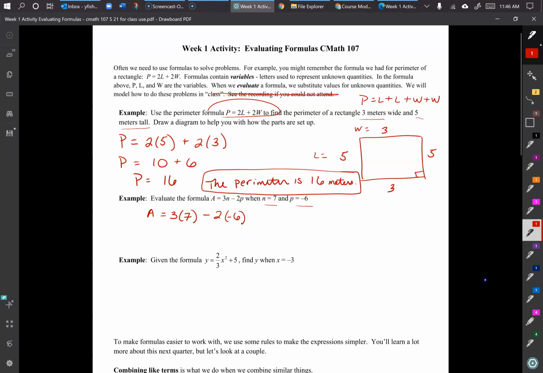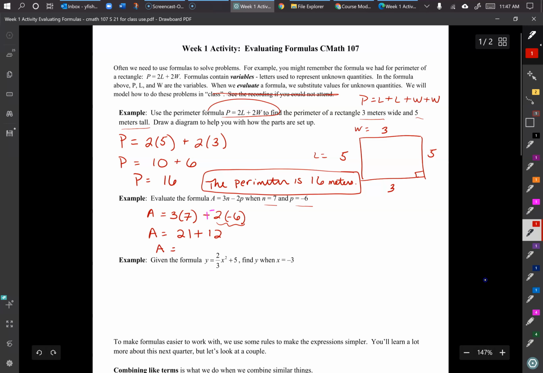And now I'm going to crunch my numbers on the right hand side. So we have 3 times 7 is 21. And then we could actually rewrite this as plus negative 2 just to make it more clear that I'm adding. And then I have 2 negatives. Negative 2 times negative 6 would give me a positive 12.